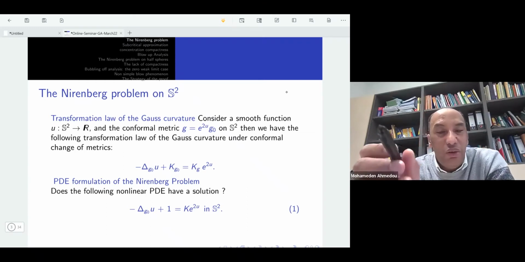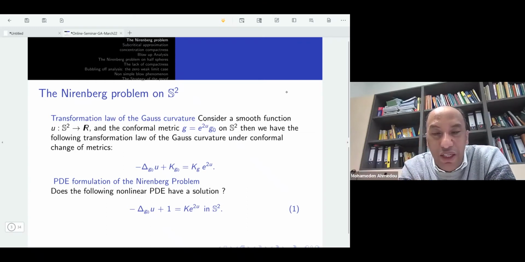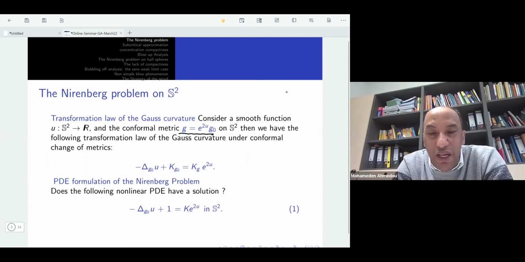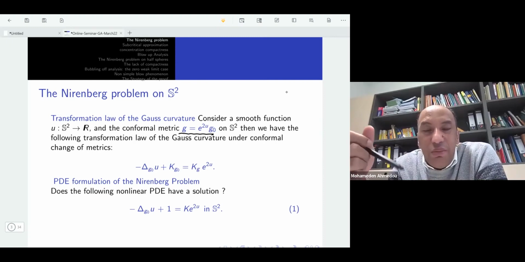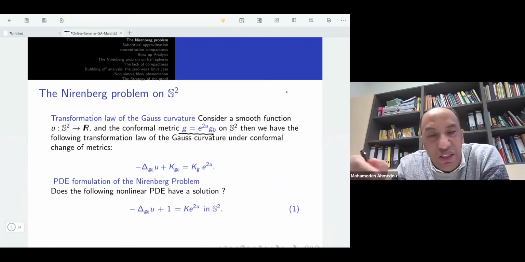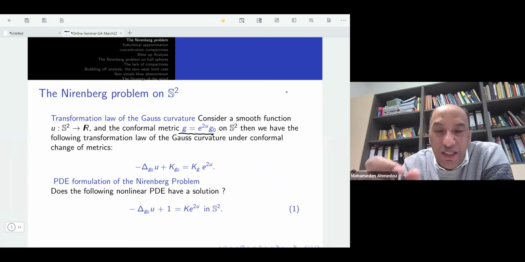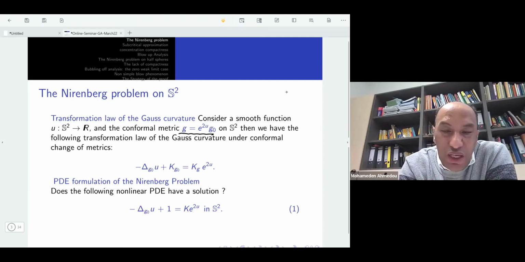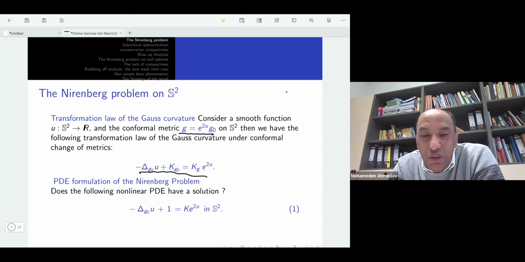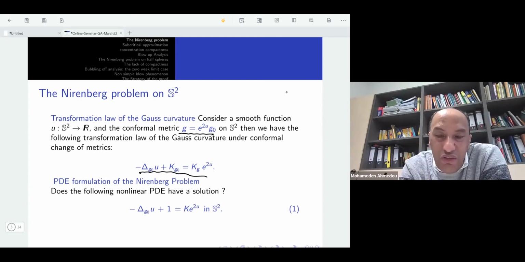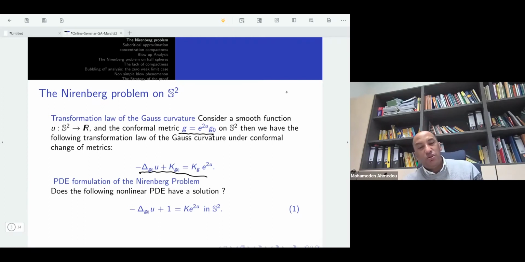If you take a metric conformal to the standard metric and write the conformal factor as e to the power of 2u, then the transformation law of the Gauss curvature under the conformal change of the metric tells you that u should satisfy the following PDE, namely minus Laplace of u plus the Gauss curvature of the background metric equals the Gauss curvature of the new metric times e to the 2u.